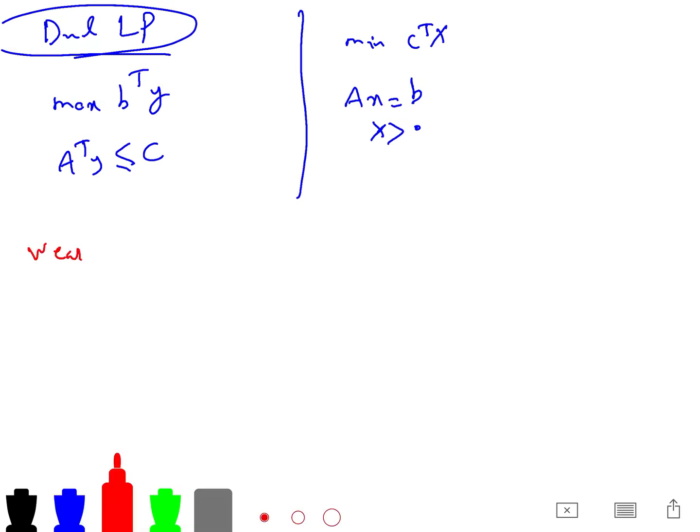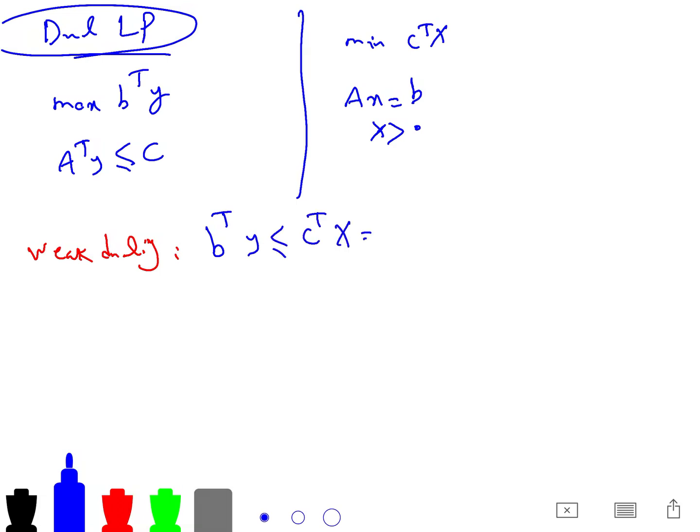And the weak duality is that B transpose Y is less than C transpose X. And you can write it as X transpose C, no problem, for any feasible X and Y. So the proof is very simple because you just substitute. Instead of B, what is B? B is this, AX. So just substitute that.